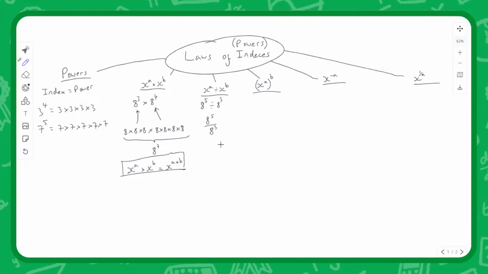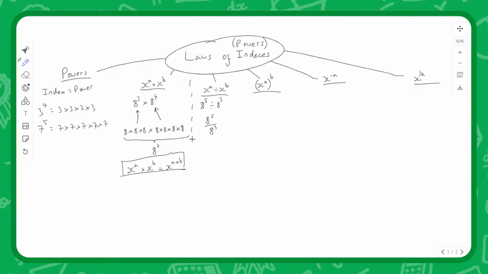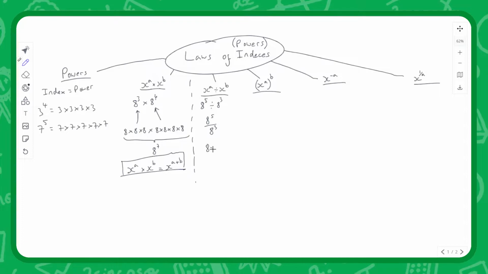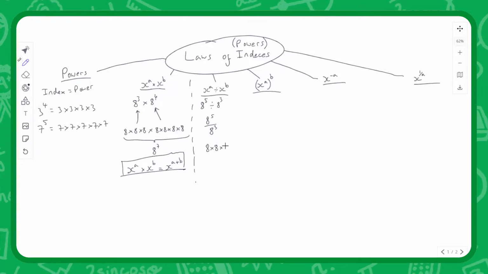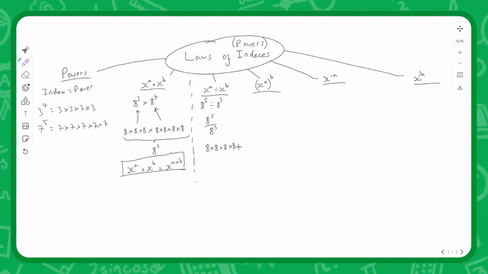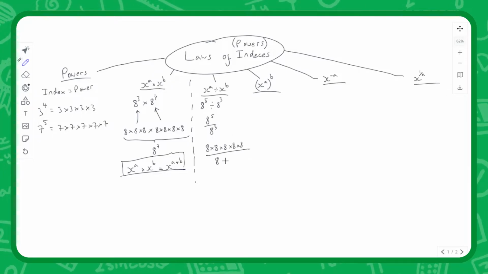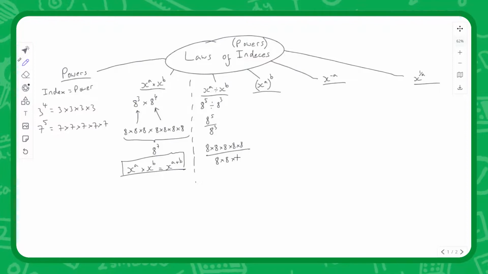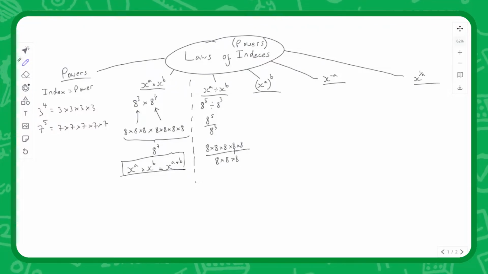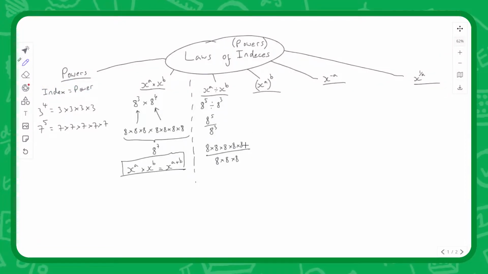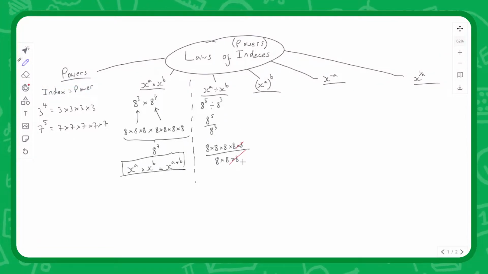And if I was to write this out to actually see what's going on here, well, 8 to the 5 tells me I've got 5 8s in a long line timesing each other together, and 8 to the 3 tells me I've got 3 8s in a long line timesing each other together. Well, we can see we've got a common factor of 8, right? Whenever I've got a common factor, I can cancel it out from the top and the bottom.